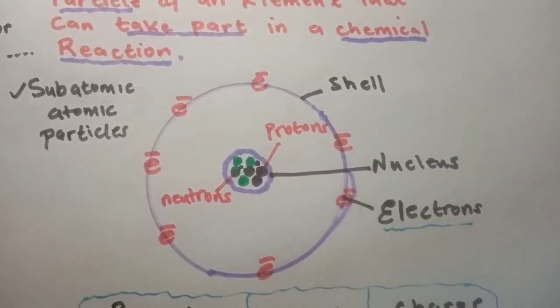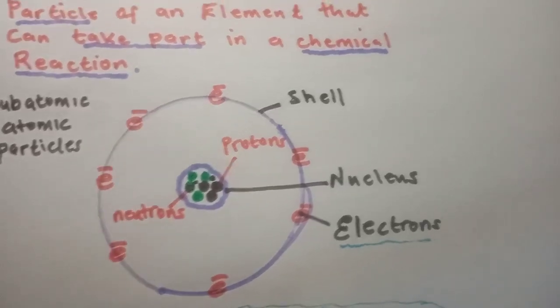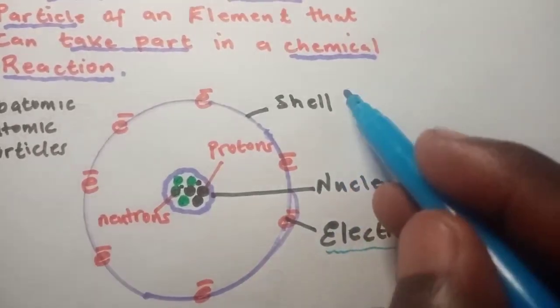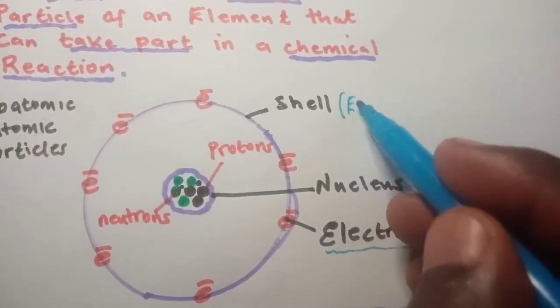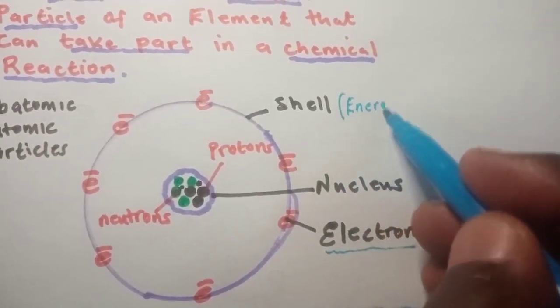These electrons simply revolve around this ring, or the shell. The shell is also called an energy level.